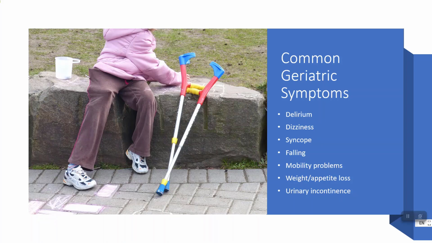Dizziness is described as an uncomfortable, troubling sensation that can feel like spinning, unsteadiness, or a lightheaded feeling. When standing still, some people feel as if the world is spinning around them, making them feel nauseated. While walking, some people feel their knees go wobbly, and they feel unsteady and shaky.